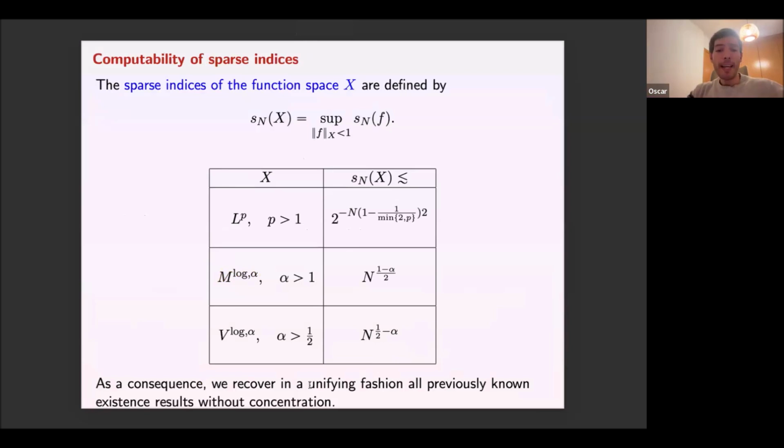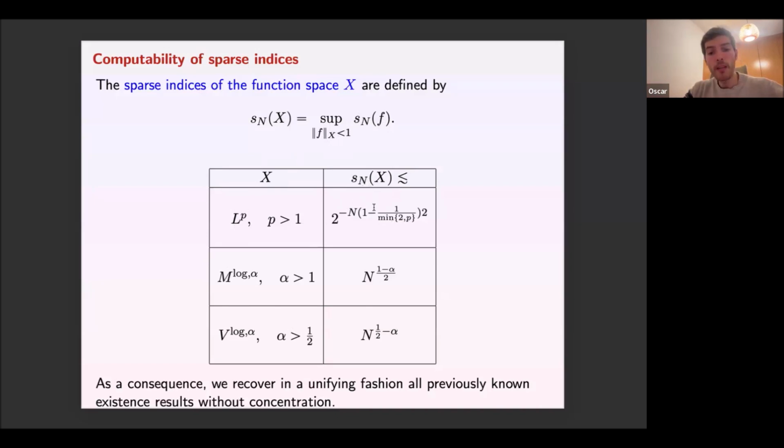And using sparseness, we are able to recover all previously known results in a unifying fashion, because one can introduce in a natural way the so-called sparse indices of function spaces. This is nothing else than the supremum over the related unit ball of all sparse indices. And when dealing with classical function spaces, say L^p, Morrey, Besov spaces, we are able to estimate the corresponding sparse indices.